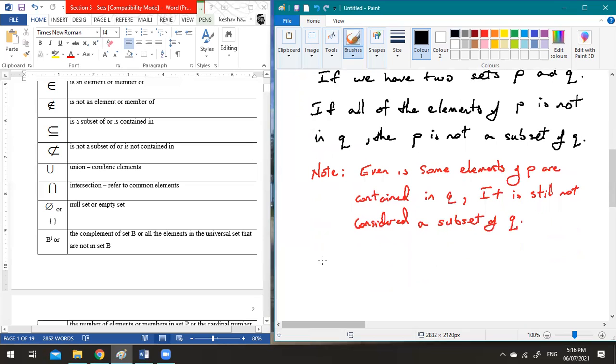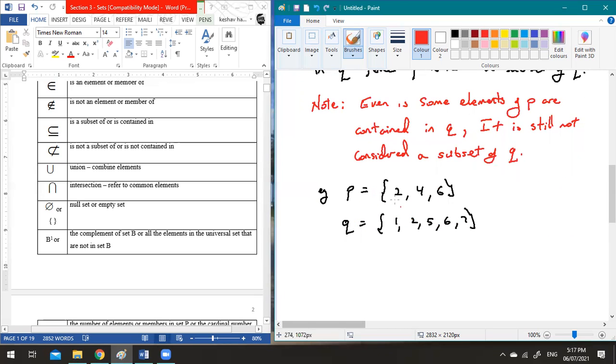Right? So an example, if P contains the elements 2, 4, 6, and Q contains the elements 1, 2, 5, 6, 7, we can see that even though we have some similar elements, not all the elements of P are in Q. So P is not a subset of Q.